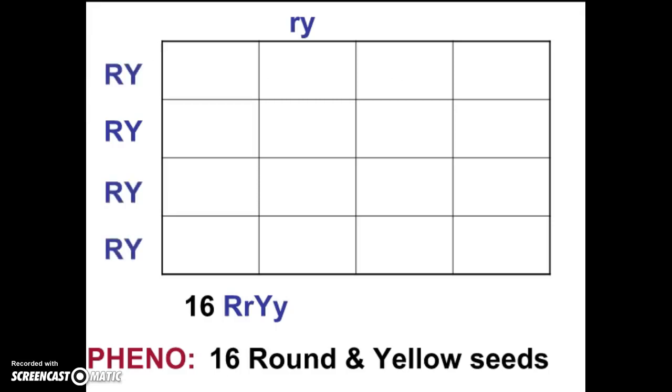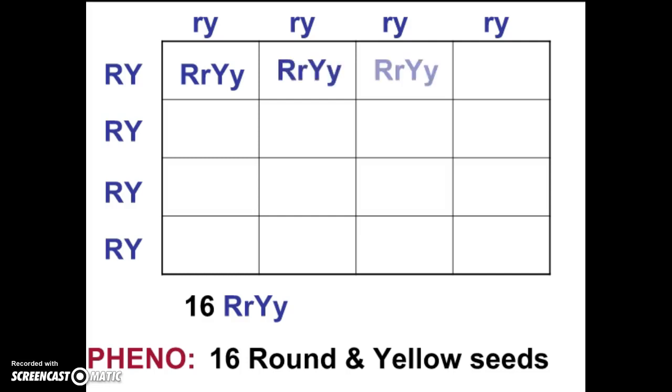Because we need one of each trait from each parent, outside of the boxes, it is okay to have different letters together. Once we combine what we see inside the boxes, then like letters go together and capital letters come first.